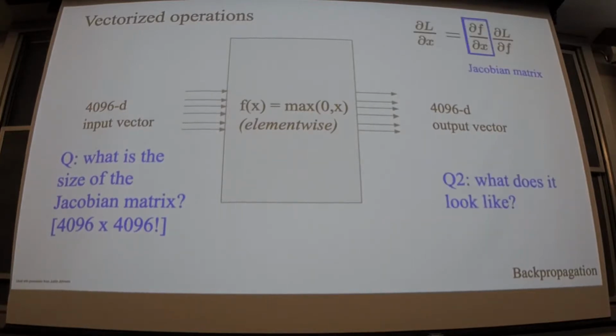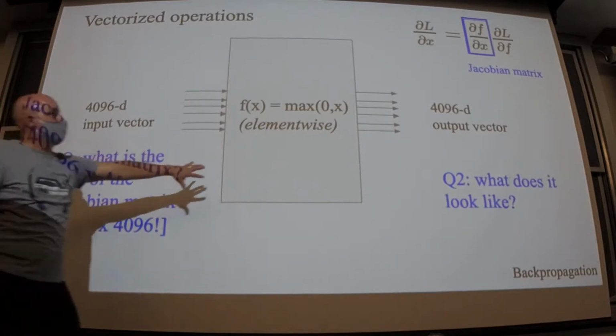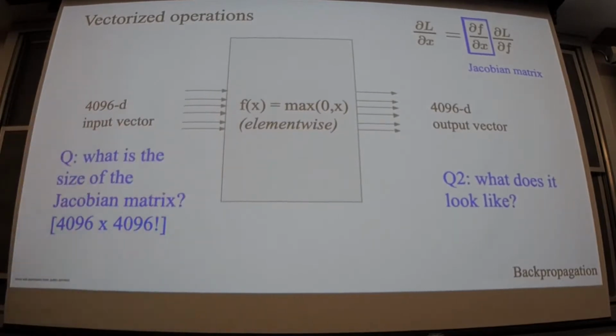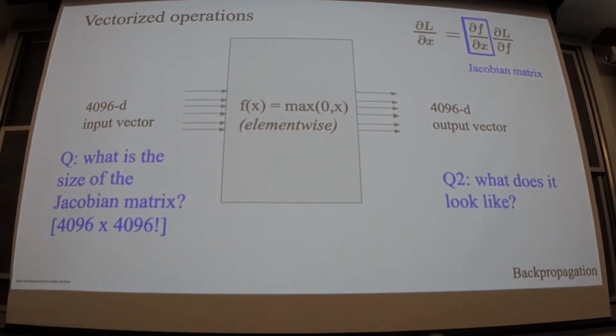It's diagonal here only because this is such a simple operation. Right? Max is just a simple operation. If this were multiplying by a matrix or something like that, then it wouldn't be sparse like that. But you're right. In this case, it is sparse, but still the Jacobian is 4096 by 4096. It's just sparse. And so again, these libraries would never just stupidly represent this matrix as having all these zeros in it.